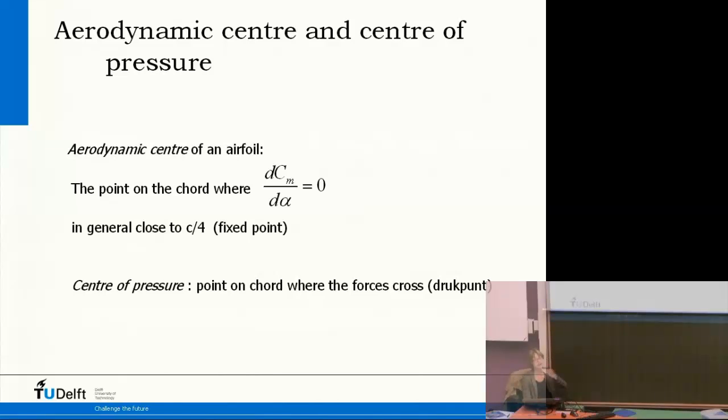So you increase the angle of attack, but the CM, the moment coefficient, remains the same. In general, it's close to the quarter chord point, so 25% of the chord. And this is important to know for stability. So, for example, the center of gravity in relation to the aerodynamic center you should be aware of. So the aerodynamic center is an important aspect for wing design.